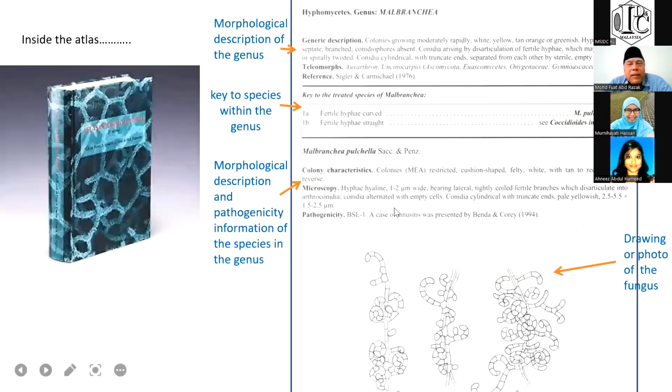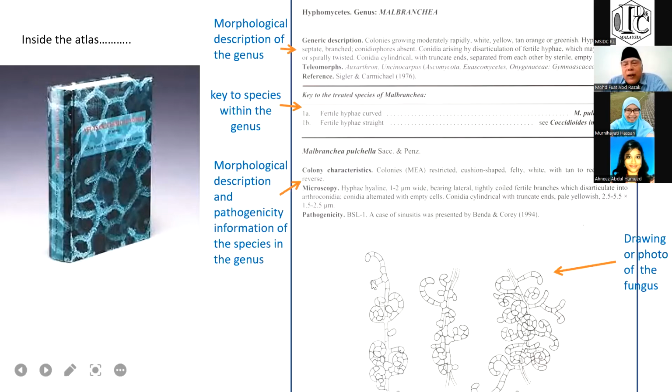So this is what we can see in most mycological atlases. In a mycological atlas, there will be either drawings or photos of the fungus, and there will also be the morphological description of the genus, and maybe some atlases will also have a key to species within the genus, and they will also describe the morphology and pathogenicity information of the species in the genus. So this is what most mycological atlases will have in their writing.